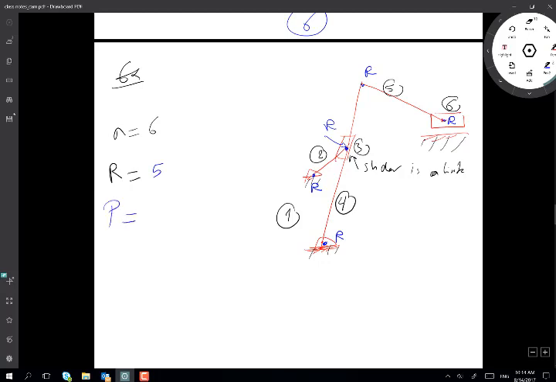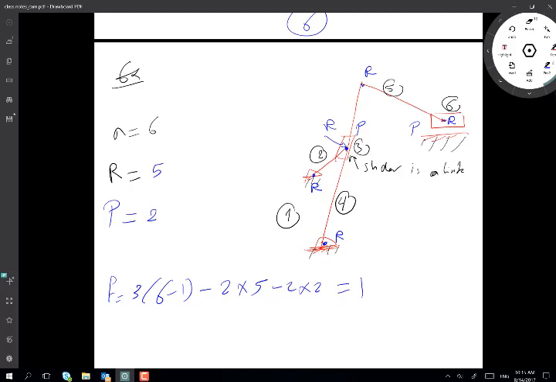How many prismatic joints? I have one prismatic joint here and one prismatic joint here. So that's 2. If I apply my equation now, F is equal to 3 times (6 minus 1), which is 15, minus 2 times 5, which gives me 10, minus 2 times 2, so this will be equal to 1. So I have a single degree of freedom again. That's a single degree of freedom linkage.